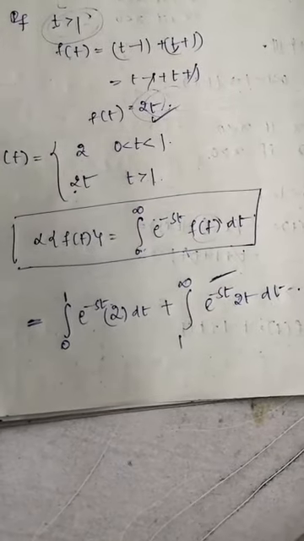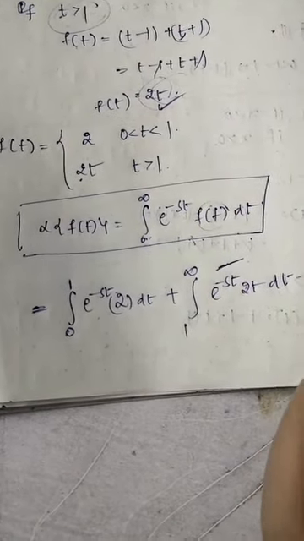So I hope you understood this one, right? Now what we got is integral 0 to 1 e power minus st 2 dt plus integral 1 to infinity e power minus st f of t dt.